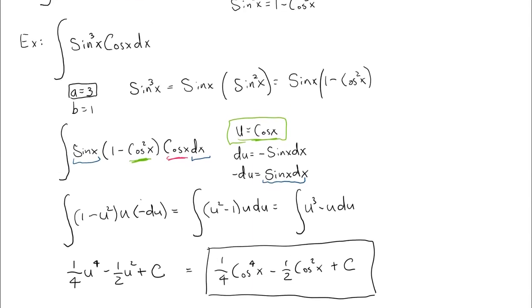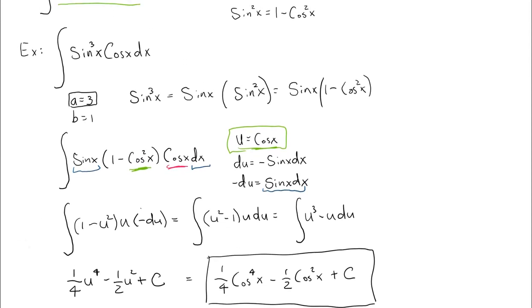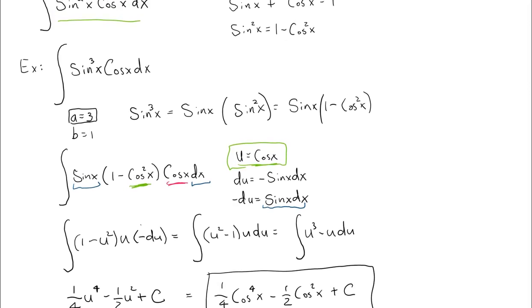We realized that if we have a trigonometric function, sine of x or cosine of x, and one of those is to an odd power, we're able to take advantage of this identity here. And we're able to strip away all of the sine of x's and convert them into the form 1 minus cosine squared of x.